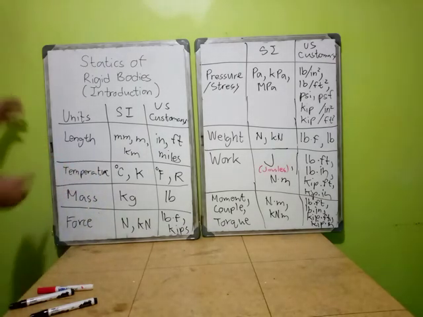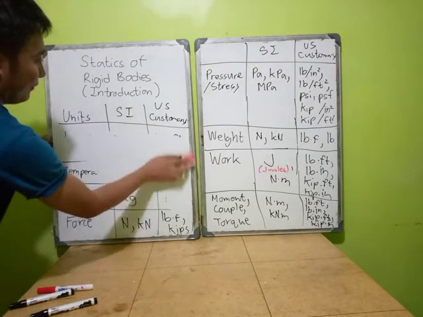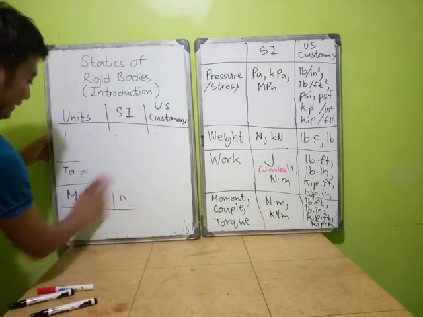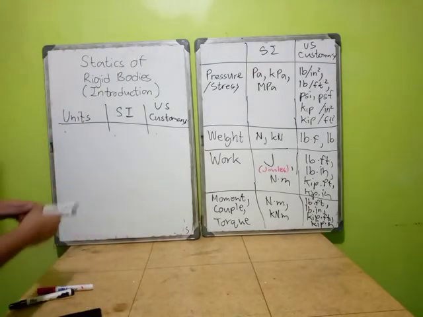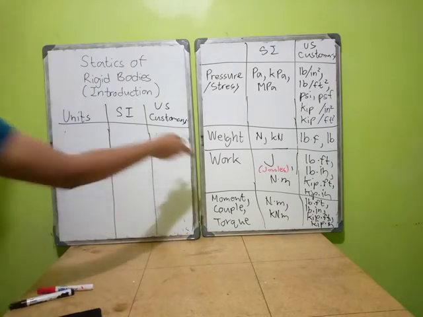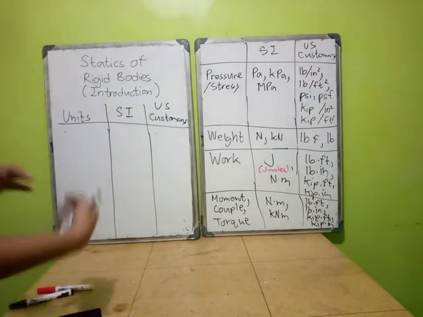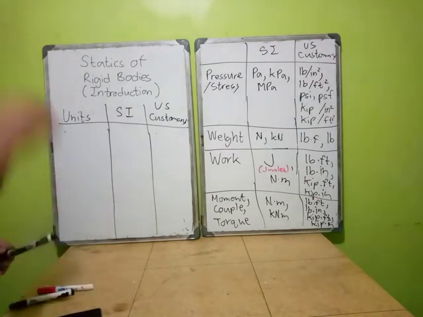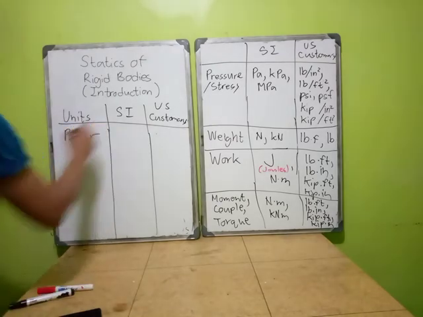Okay? So, another units we use in this subject is, okay? So, in terms siguro of, okay, ano pa? Work, tapos na yung work. Work in terms of time. Work divided by time is equivalent to power. Okay. So, we all know what is power.